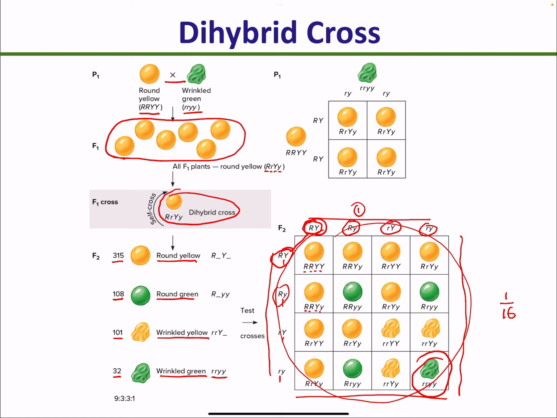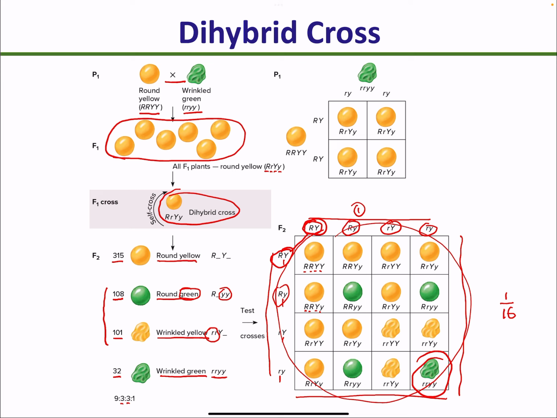Now, we notice that individuals that are round and green and wrinkled and yellow occur at about the same ratio. And that same ratio out of 16 is actually 3 for each of them, right? 3 are green, which means they are lowercase y. 3 are wrinkled, which means they are lowercase r.